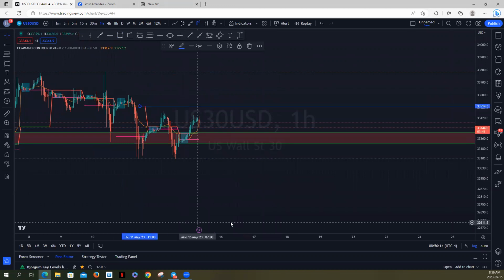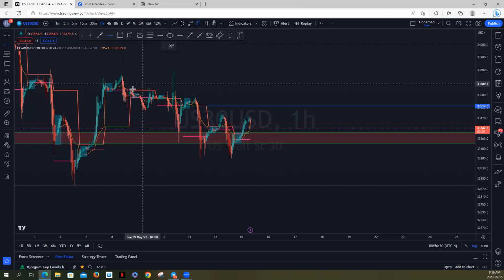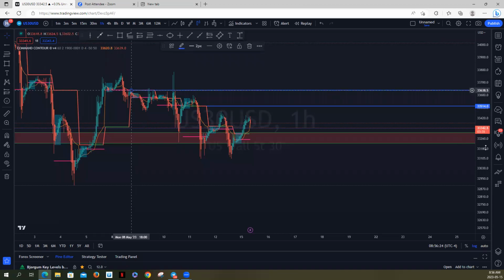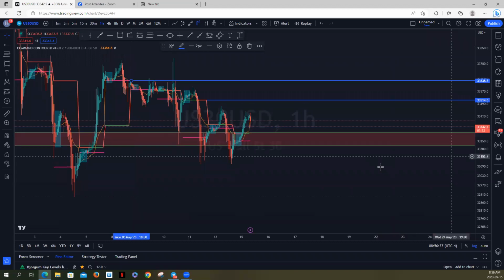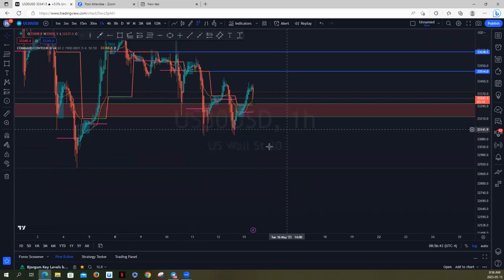Say, for example, we're waiting for news. You're not sure, because nobody knows unless you're Mr. Powell's best friend. We don't really know how the news is going to affect the market, right? So to prepare for it, you draw the current day ZAP zone and you mark your command contour levels above and below the ZAP zone.